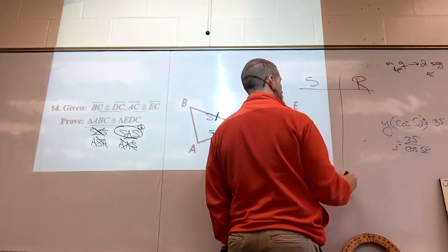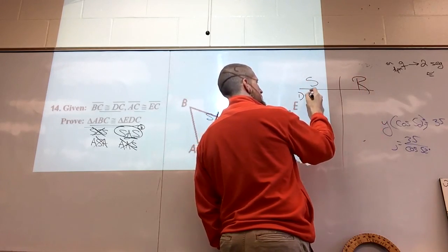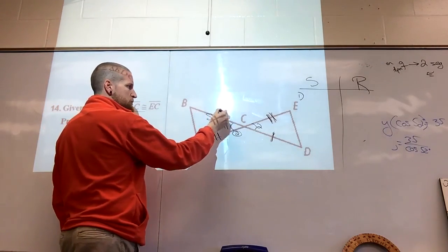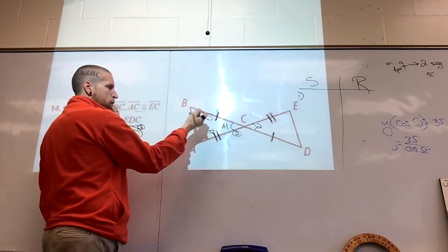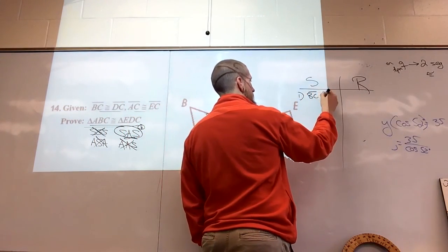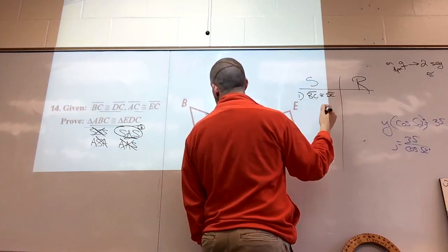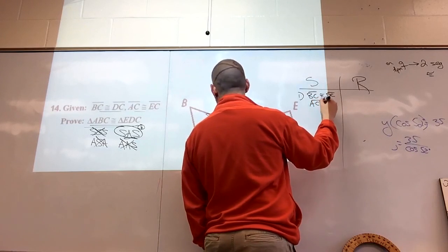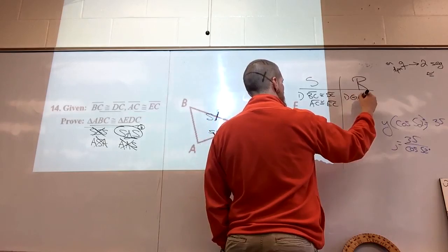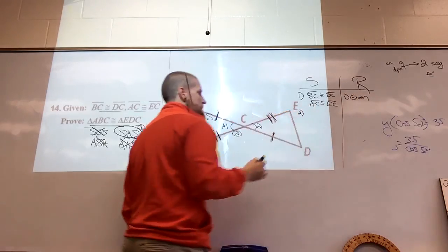So statements and reasons. All right, so first thing is the givens. If you ever forget, like if you're doing this, the point of having this by it is for me to go, oh yeah, step 1 was me marking the givens off. So BC and DC, BC, BC. 1. Okay.